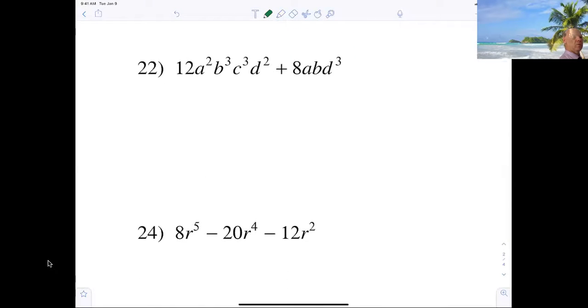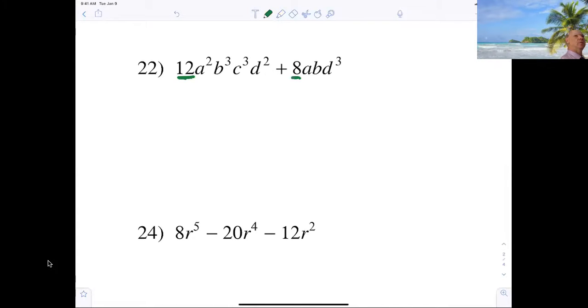So you do 8. Why 8? Because it's the least... no, you have to divide. I'm asking you a question. 8 goes into 12 how many times?